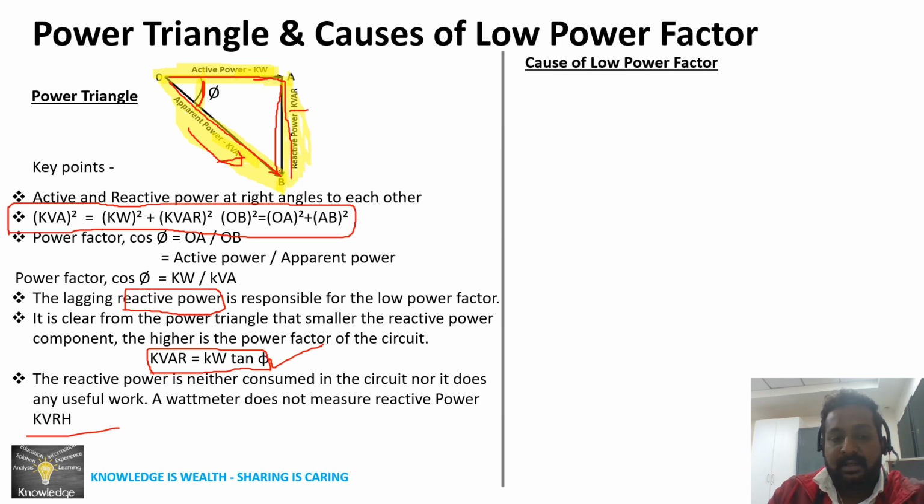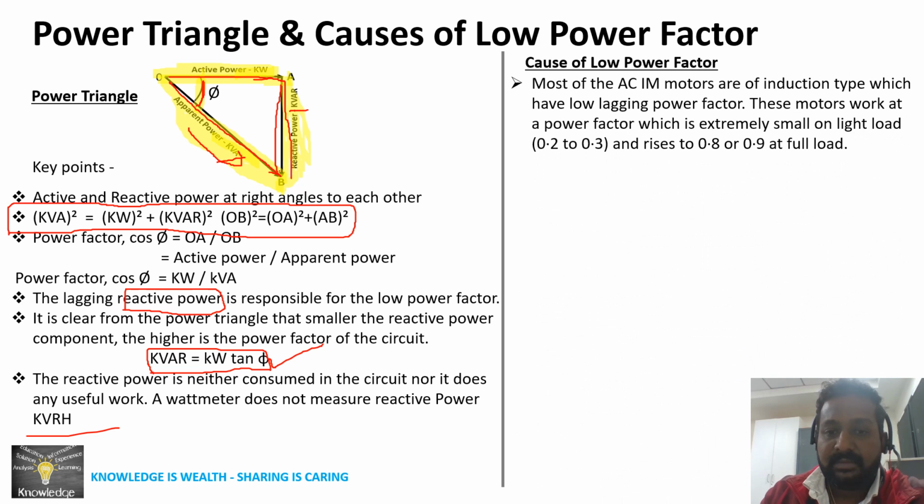So next goes to causes of low power factor. Most of our AC induction motors have a low lagging power factor. The motor works at a power factor which is extremely small, like in a light load it is working at 0.2 to 0.3 lagging power factor. And if you load more, it may go up to 0.8 to 0.9 at full load.